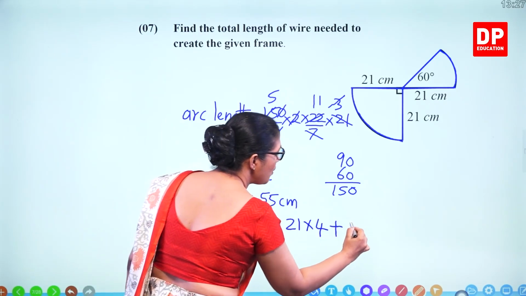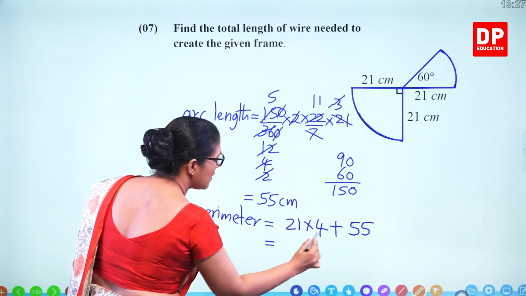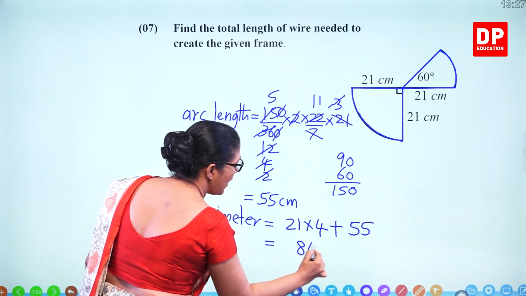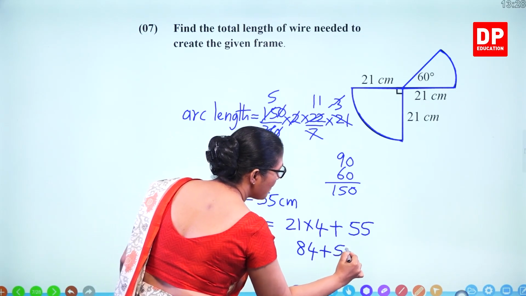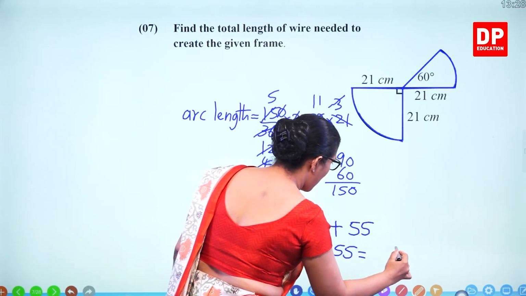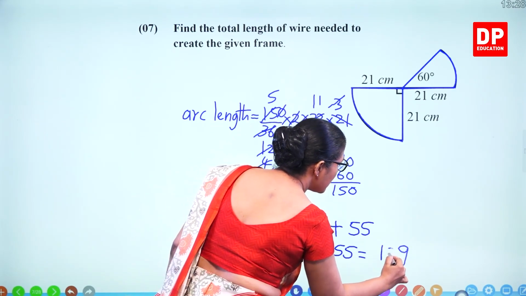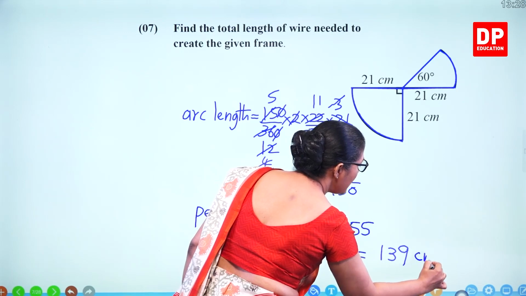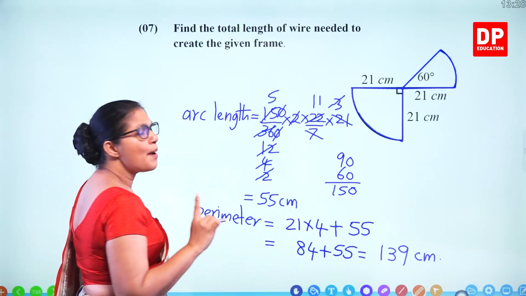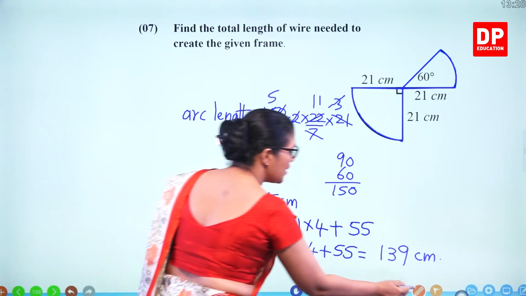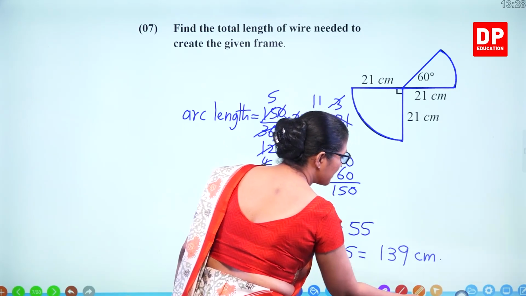Arc length we found 55. So what's the total? 4 times 1, 4, 8 plus 55. You get 4 plus 5, 9, 8 plus 5, 13. So 139 centimeters is the perimeter of this figure. So you get 2 marks for that.